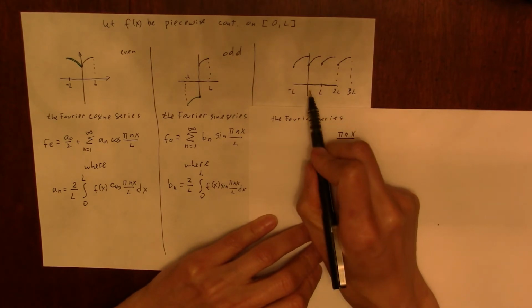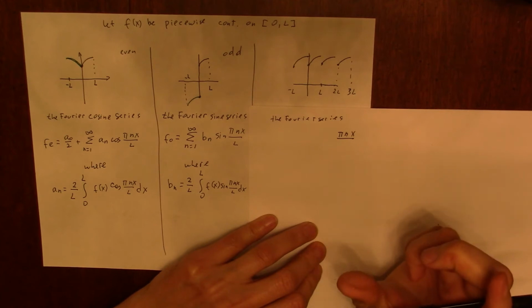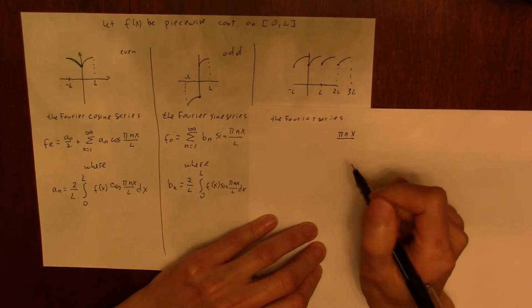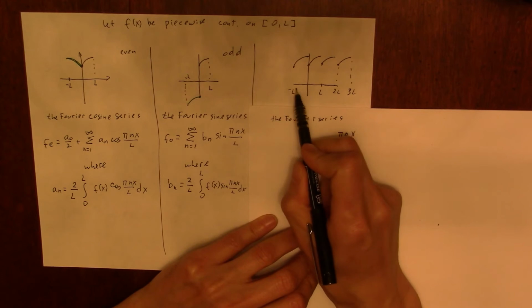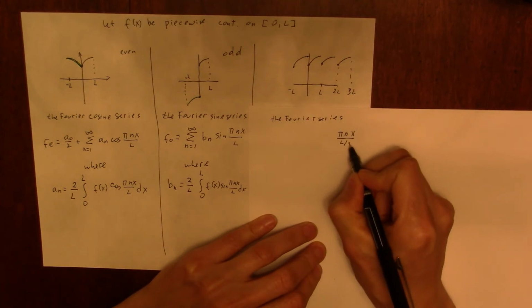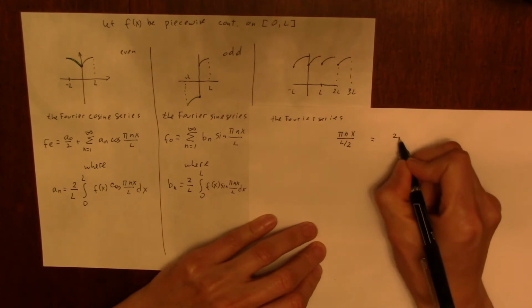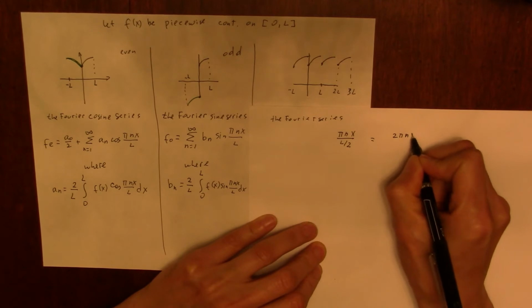Because our function has period from 0 to L, the length of the whole period is L, so half of that period is L over 2. So we're going to get 2 pi n x over L.